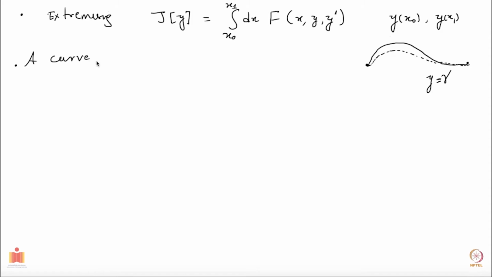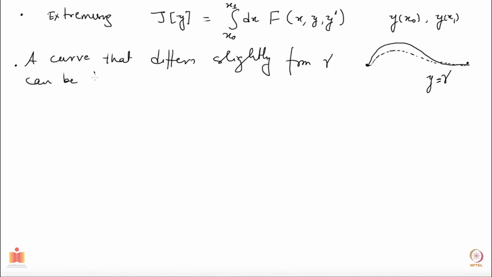A curve that differs slightly from gamma can be parameterized as gamma plus epsilon eta.